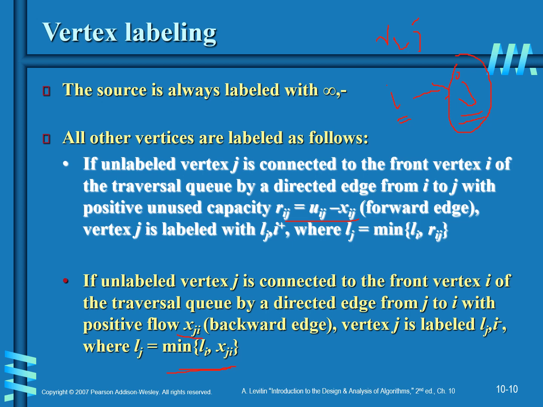For the backward edge, you consider only the current flow. You label that vertex with the minimum of Li or Xji, comma i minus. Here i is the vertex from which the flow is coming, and since it is a backward edge, you label with minus.